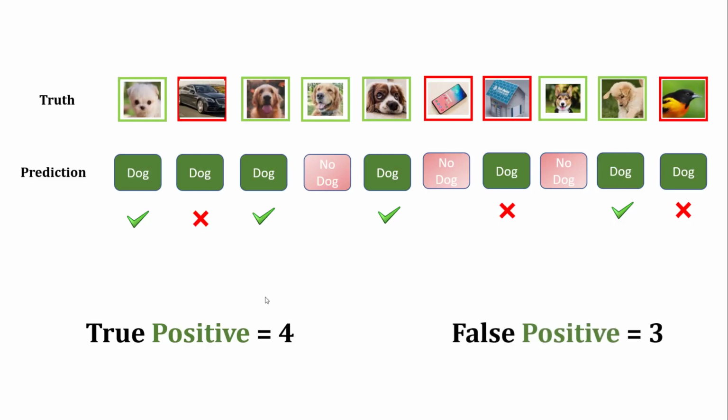Those are called false positives. Again, the second word positive indicates the outcome of your prediction. The outcome of the prediction for these 3 red-marked samples was positive, but they are false. So the first word indicates the reality: in reality, they are false.